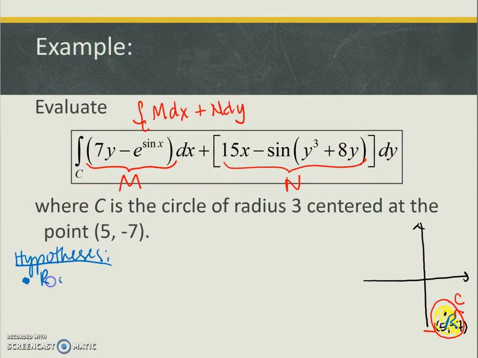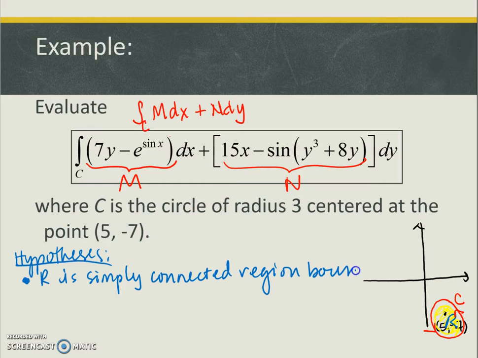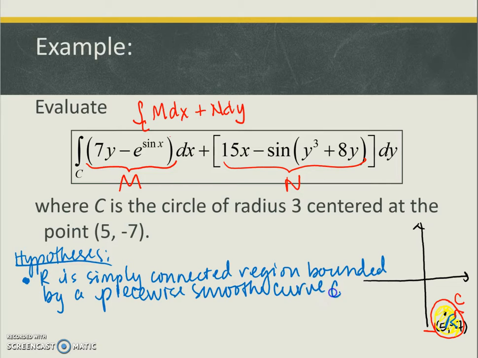So R is a simply connected region, bounded by a piecewise smooth curve C, oriented counterclockwise.